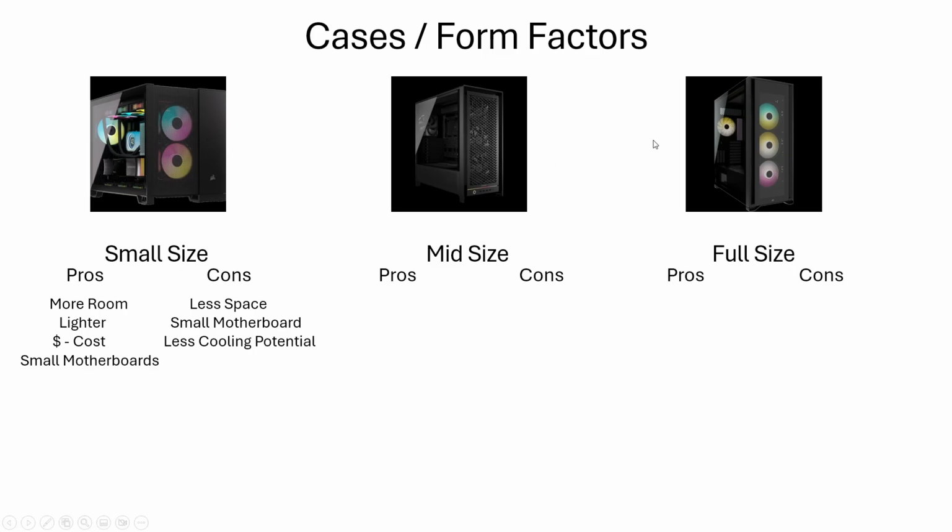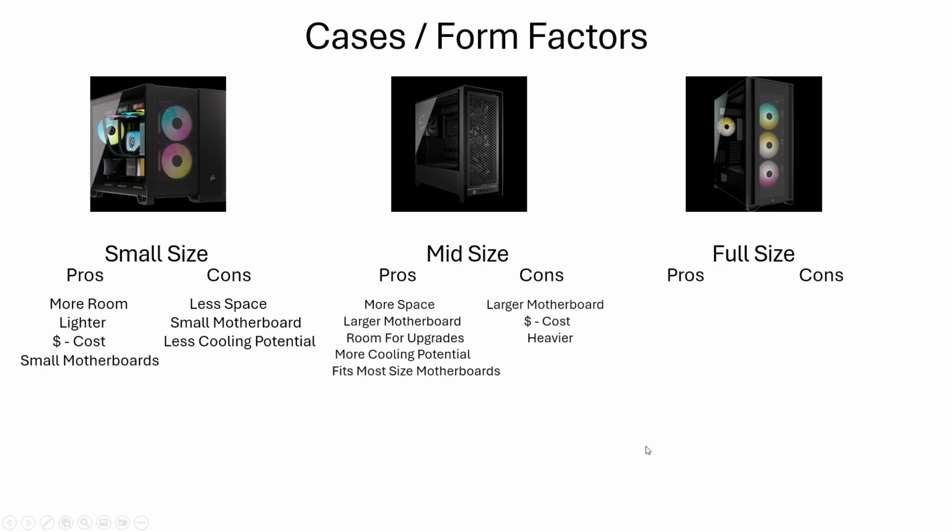What I use is a mid-size form factor case. So what are the pros and cons of a mid-size computer? Pros for a mid-size: obviously, you have more space, meaning you have more potential for fans, and you have the potential to use a larger motherboard.